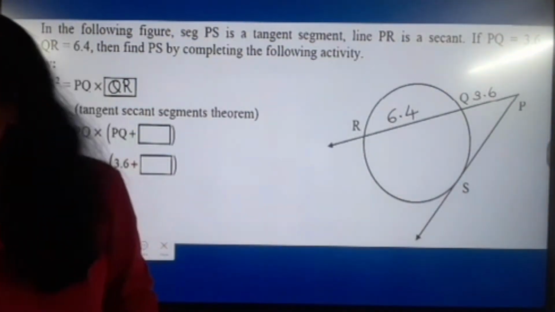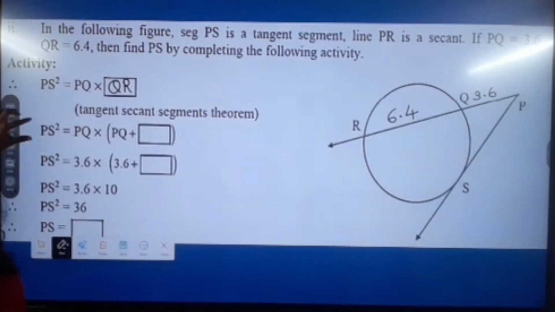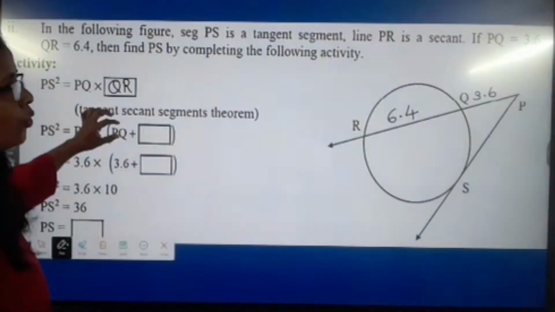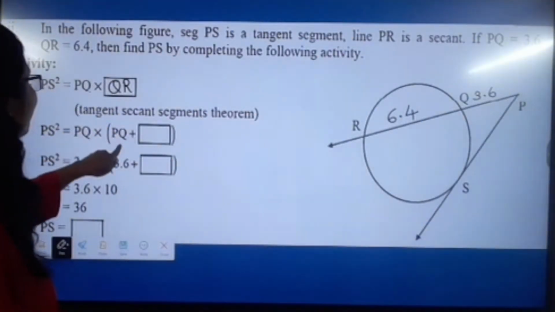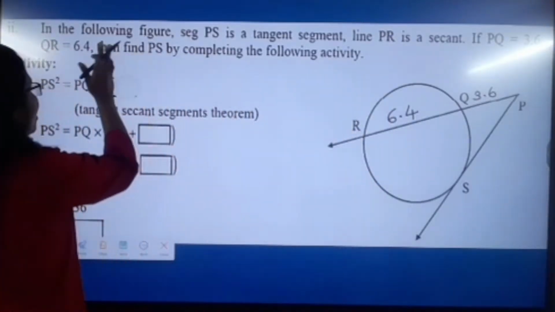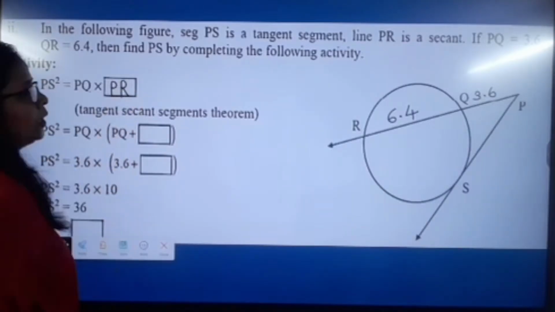Now we see that PS square is equal to PQ multiplied by, here not QR, students, here it will be PR, students, PR.